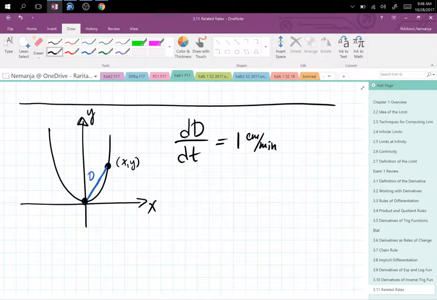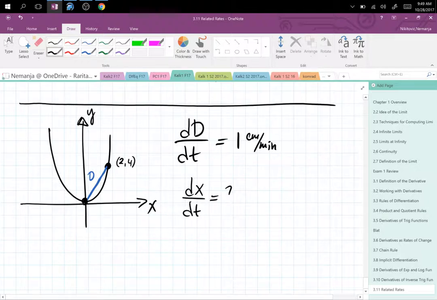At what rate are the x and y coordinates of the bug increasing when the bug is at 2, 4? Ah, the bug is actually at 2, 4, not at the unknown location. The bug is at the known location, 2, 4. And they want to know dx/dt, and they want to know dy/dt.